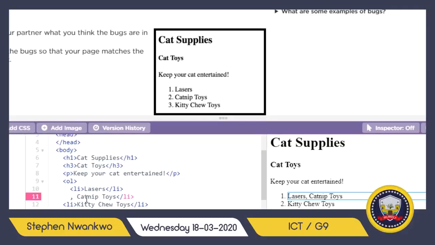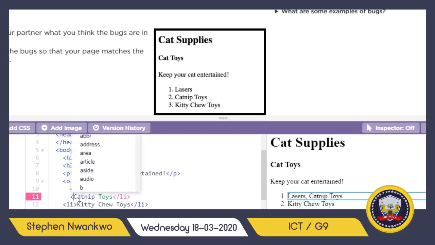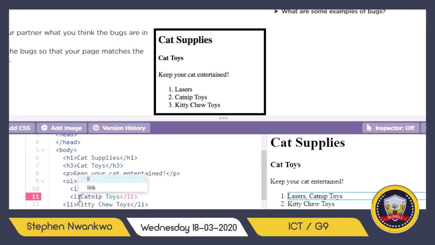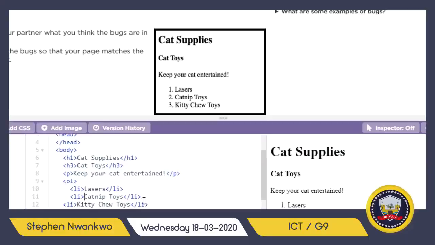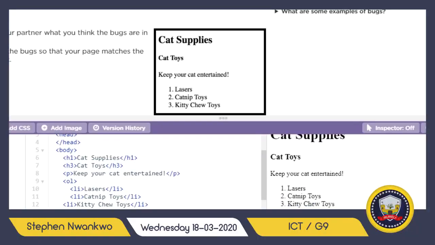The second one is catnip toys, which already has the closing tag list. So what is remaining here is the opening tag, list, LI. Now you check your results, and that is it. You have debugged the web page. Now they look exactly the same.